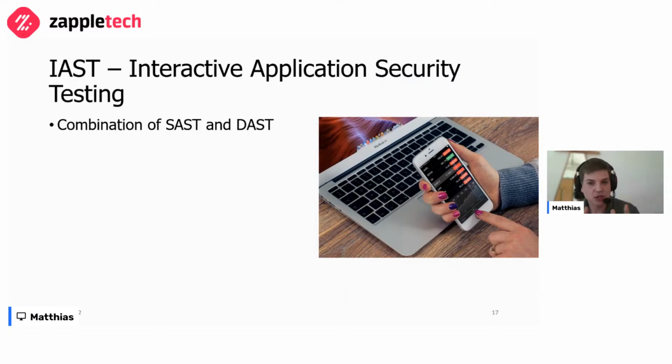For the IAST tools, you use the knowledge of the application flow, the data flow, to create advanced attack scenarios, to use the results of the dynamic analysis. And as I mentioned, it reduces these false positive alarms, which is quite good.